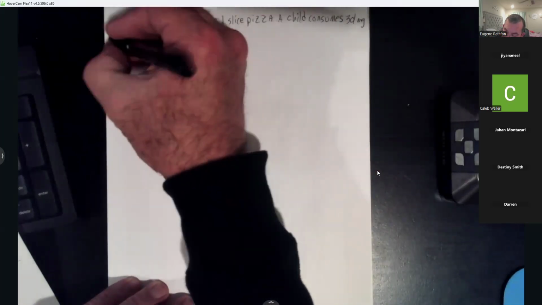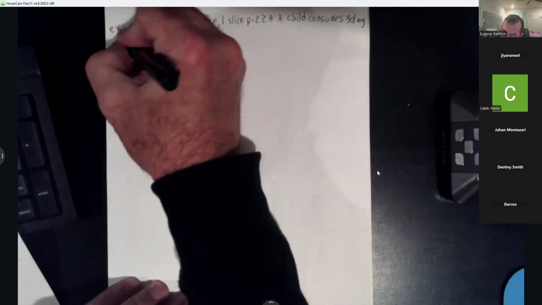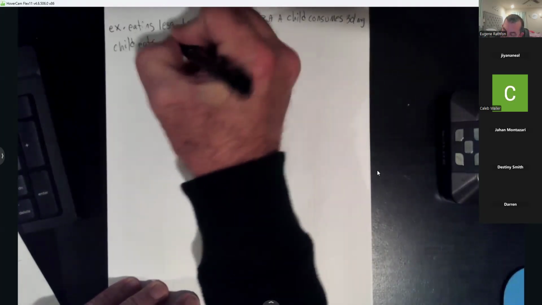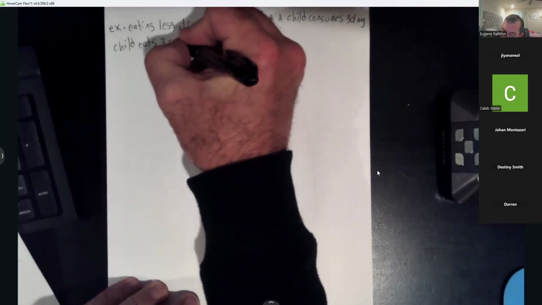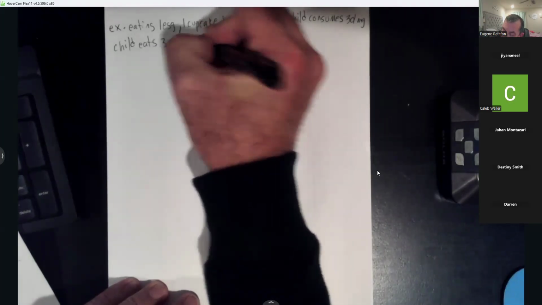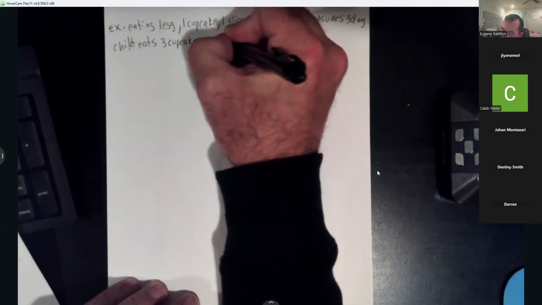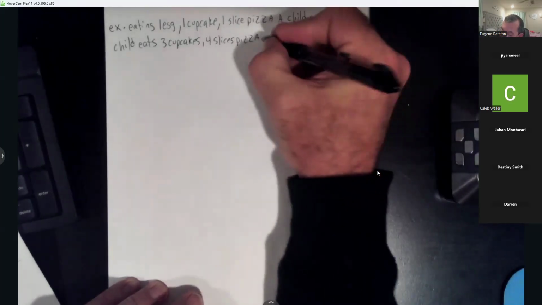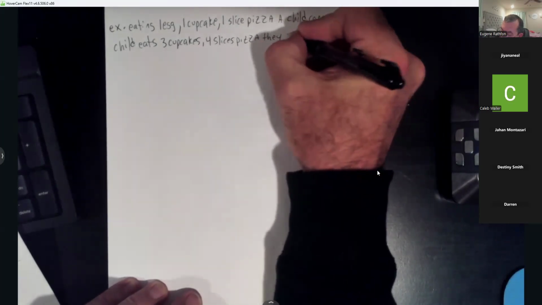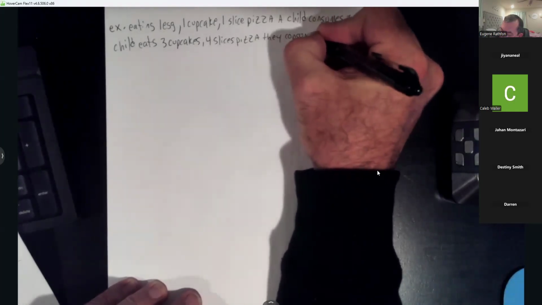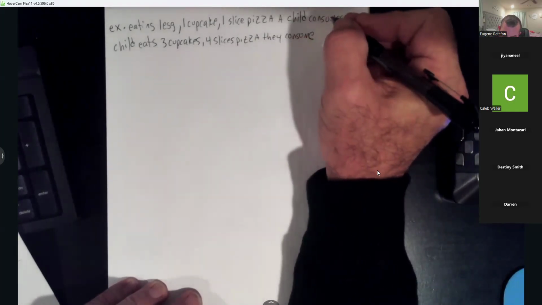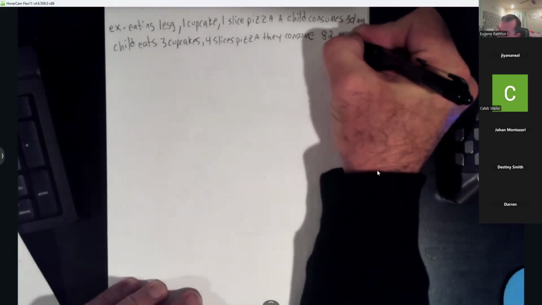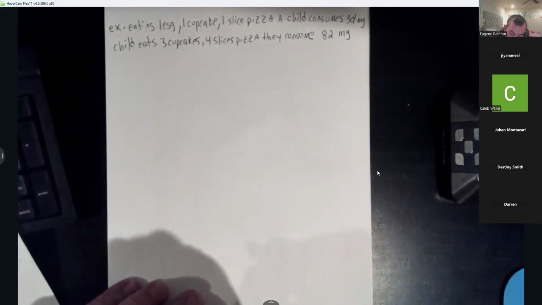Now, the second sentence says if a child eats 3 cupcakes, 4 slices of pizza, they consume 82 milligrams of cholesterol.